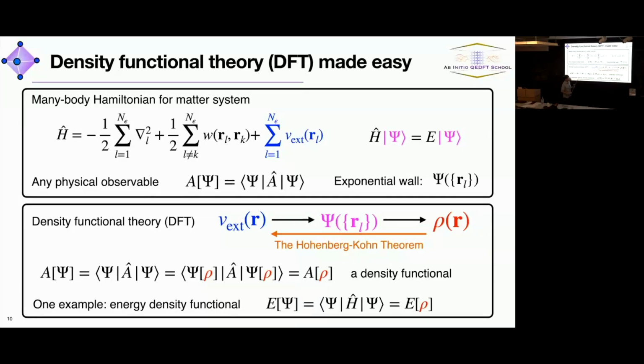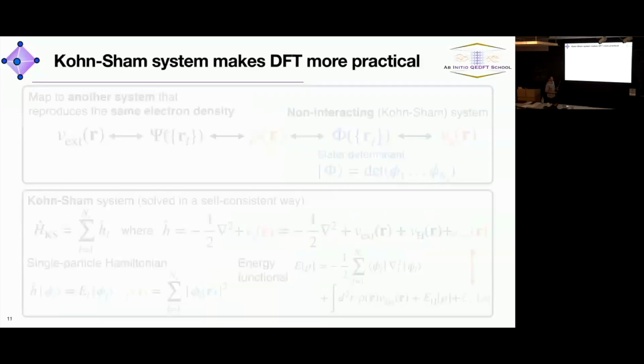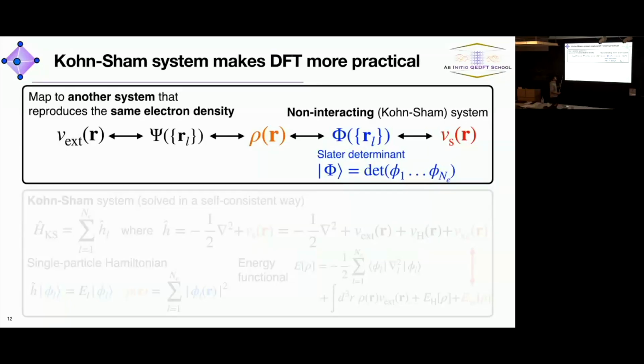So in order to find this electron density, we are going to use another auxiliary system, which is a non-interacting system. This non-interacting system we choose as the Kohn-Sham system. Here is a short review. If you have an external potential, you get an exact wave function. From the exact wave function, you get an electron density. And from the Hohenberg-Kohn theorem, there's a one-to-one mapping between electron density and the external potential.